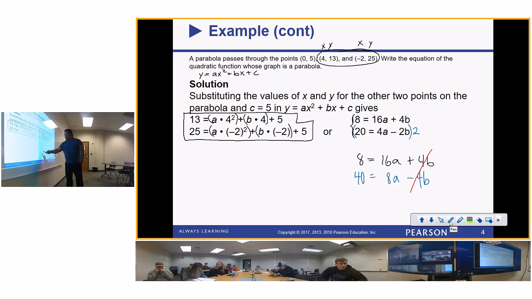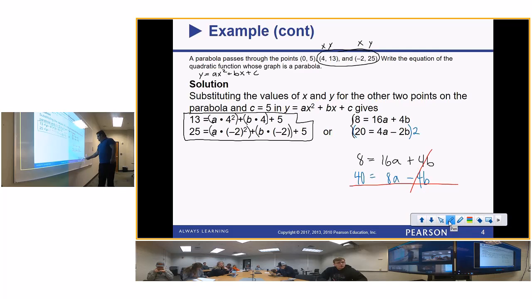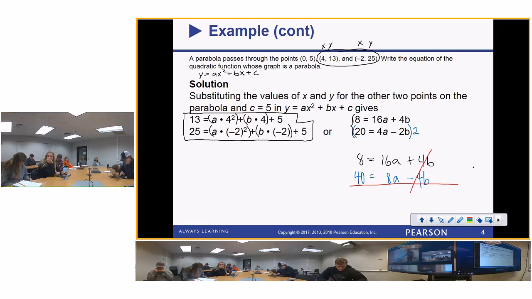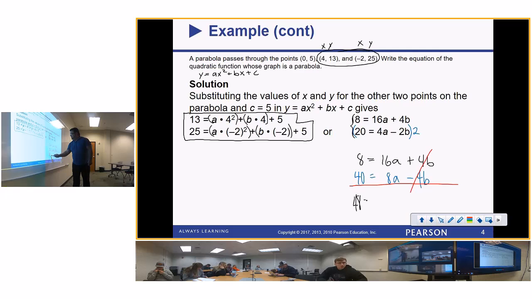So 48 is equal to 24A, and A is equal to 2. So now you can take that A is equal to 2 and plug it into whichever one you want. Since this one has the smaller variables, I'm going to put it in the second one.